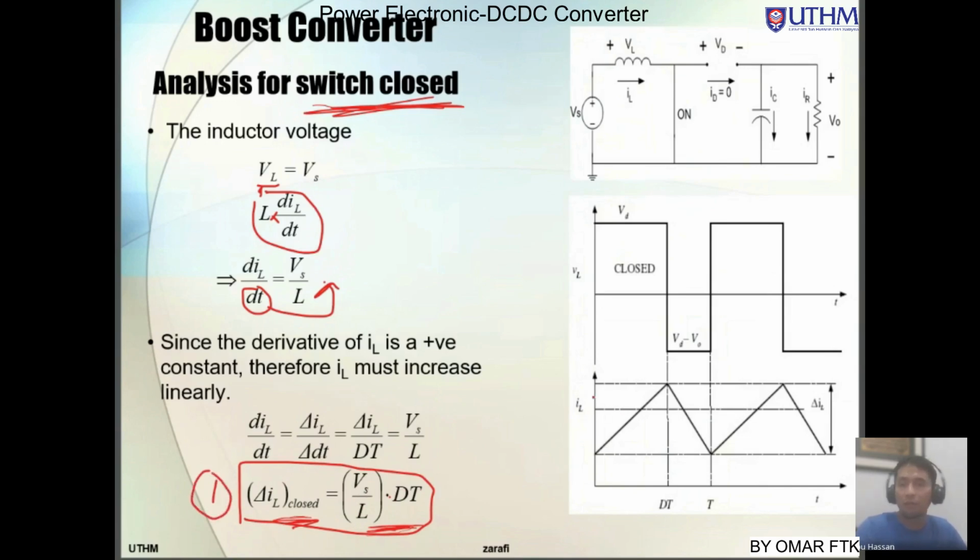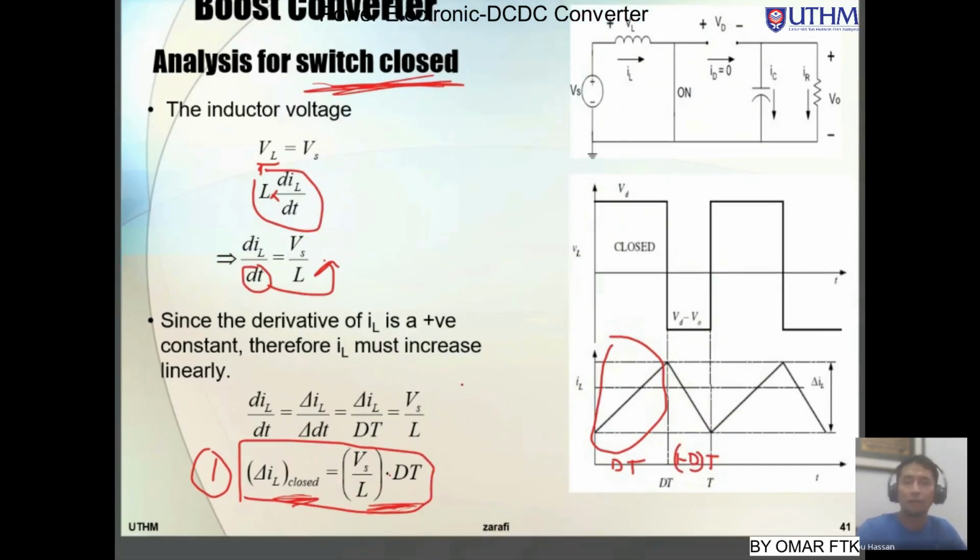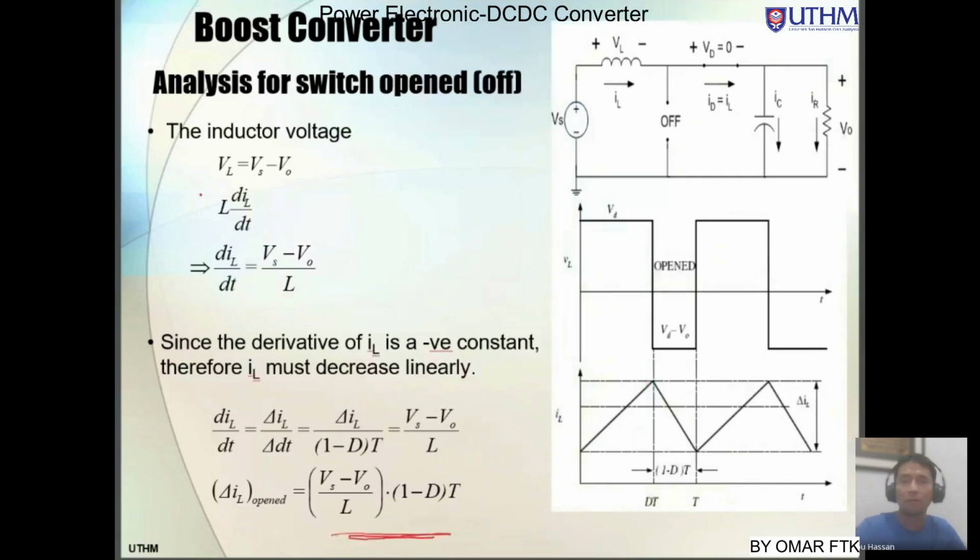During the switch on, meaning in here, this one is dt, and during the discharging process it is 1 minus D times T. Let's have a look at this one. During the switch off, we open circuit this one, so the diode is forward biased, closed.